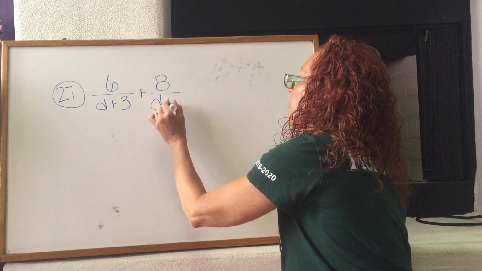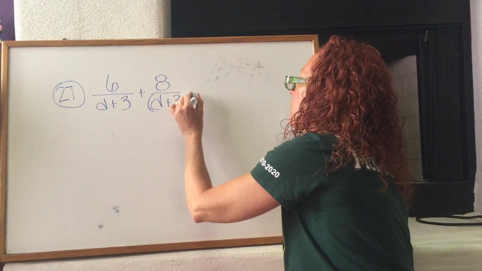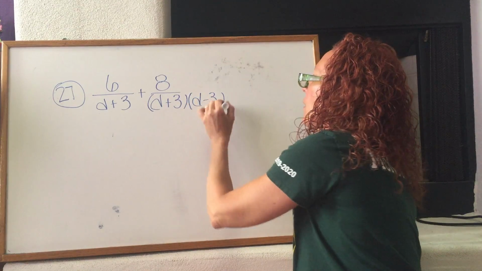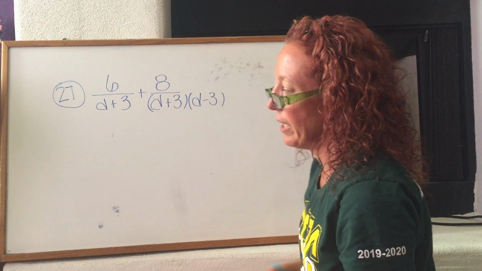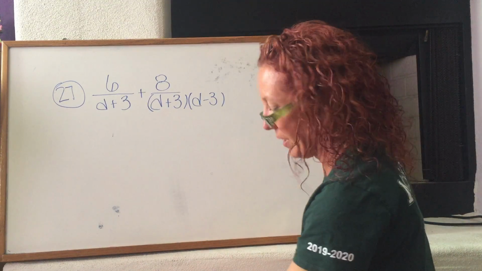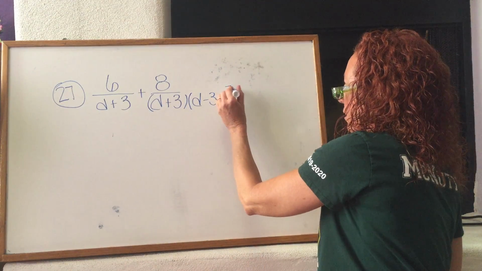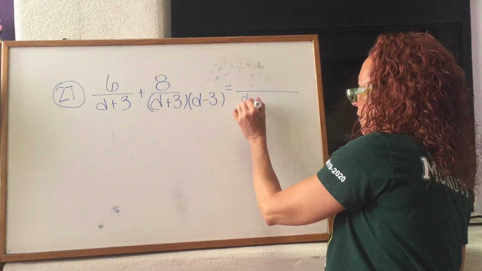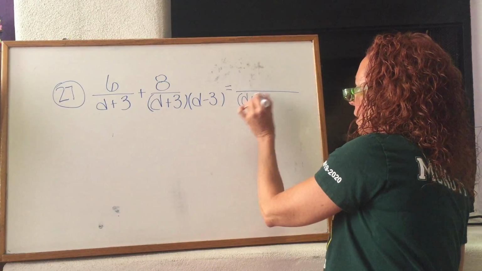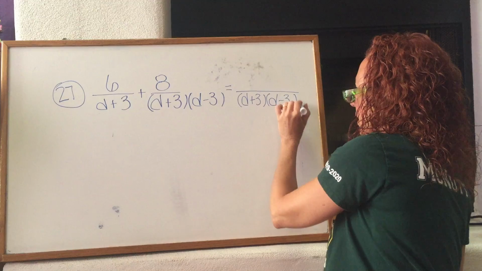That's going to be d plus 3, d minus 3. That'll save a step of rewriting. So our common denominator is going to have both d plus 3 and d minus 3.